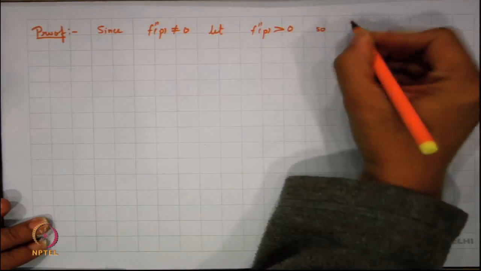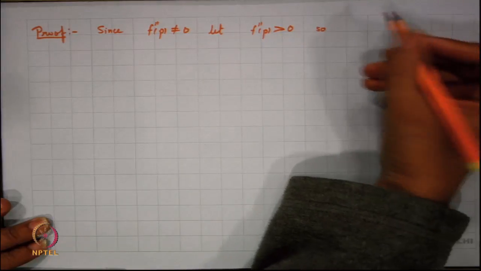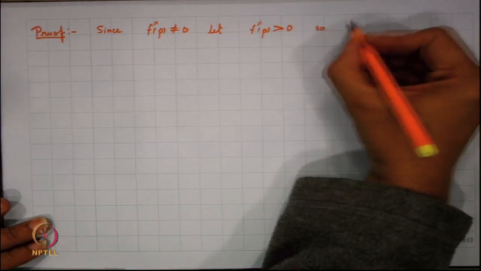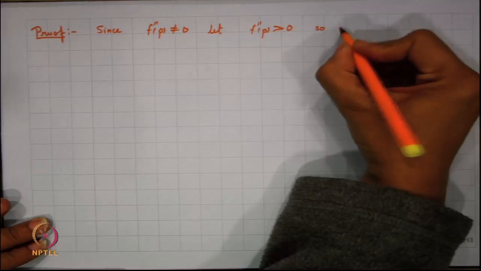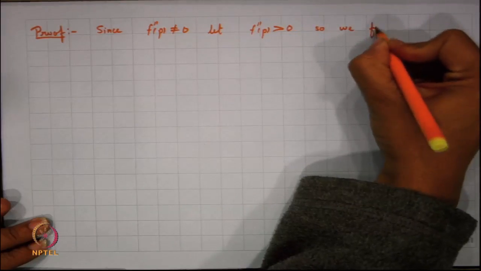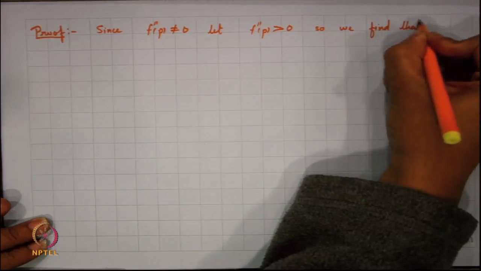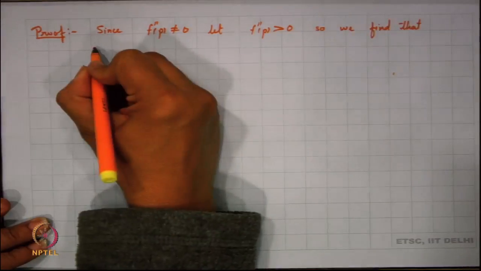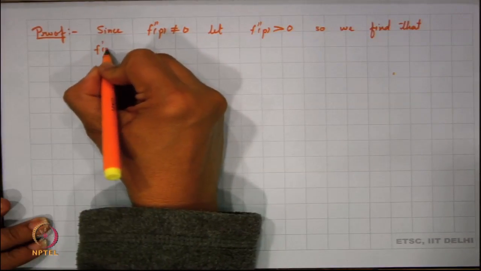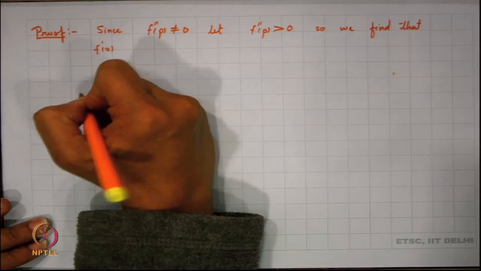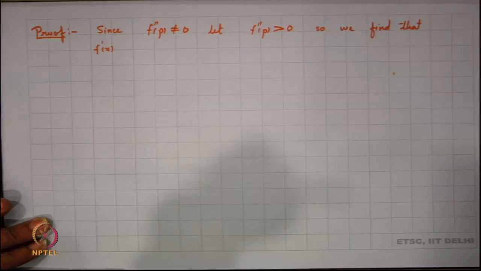so for some delta positive, we find that f prime of x, because my f prime of p is 1, my f prime is increasing here in this interval.